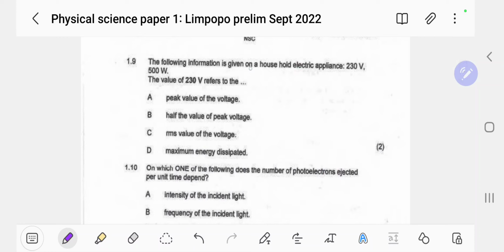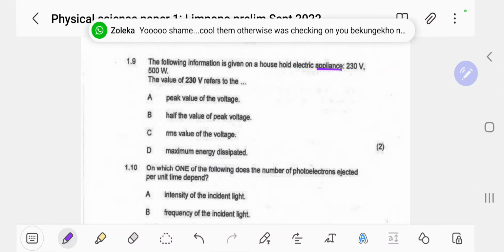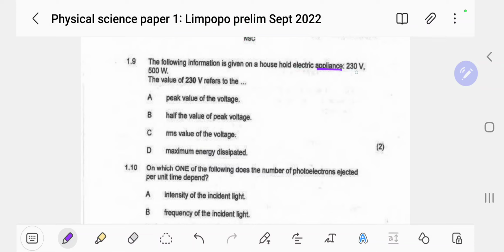The following information is given on a household electric appliance. Okay, and it says now 230 volts and 500 watts. Now the value 230 volts refers to, is it the peak value, meaning the peak voltage?